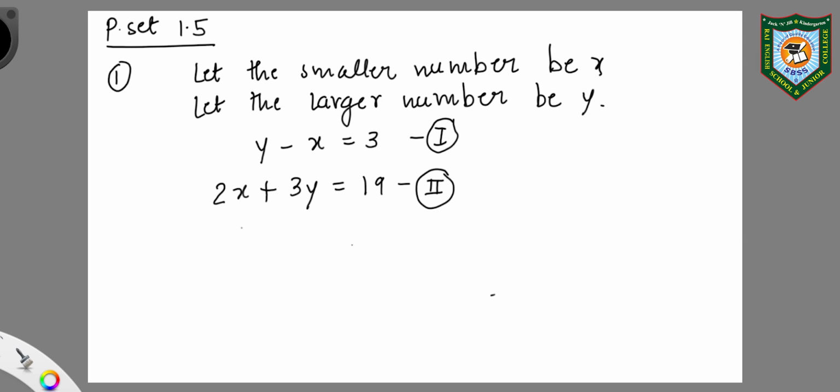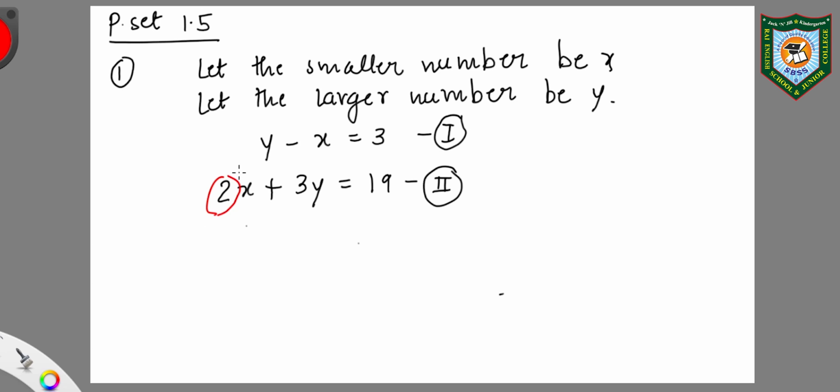We'll go over it once again. As the question says, sum means there's an addition sign, so I have an addition sign here. Then the second piece of information is twice the smaller number, so we have 2 times x, and then thrice the greater number, so we have 3 times y over here.